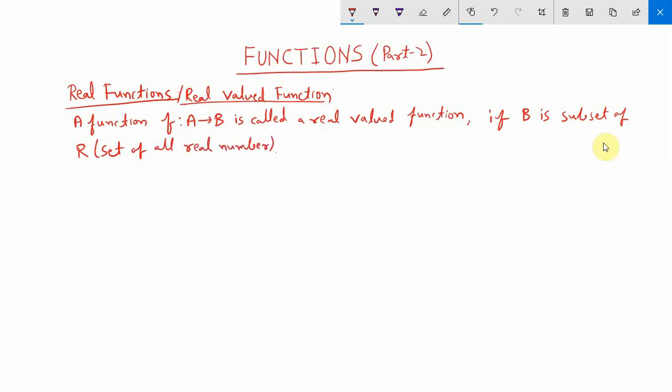So in other words, if a function is defined f from A to B, so we can write, if set A and B both are subsets of set R, then f is called a real function.